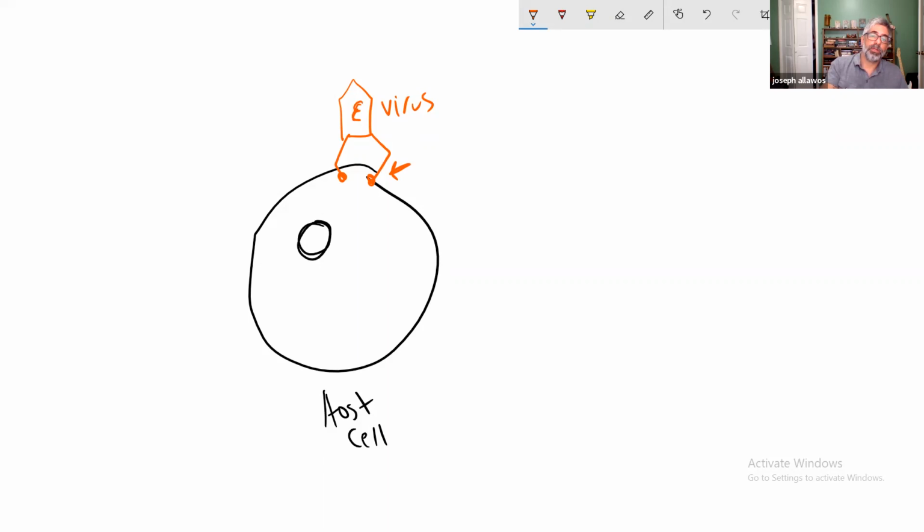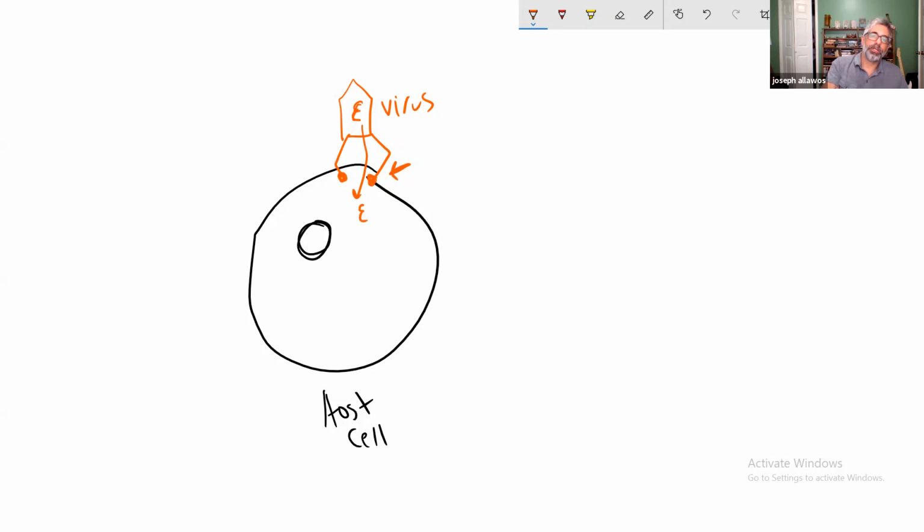And so there's this little attachment point. If the host cell lacks that attachment point, the virus can't attach, it can't infect. But if the host does have these attachment points, the virus is able to attach. At that point, the virus injects its little piece of genetic material into the host.